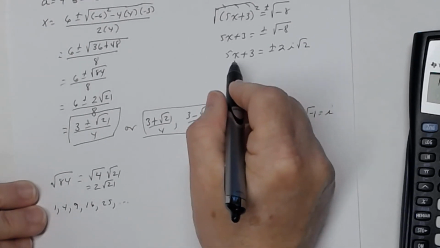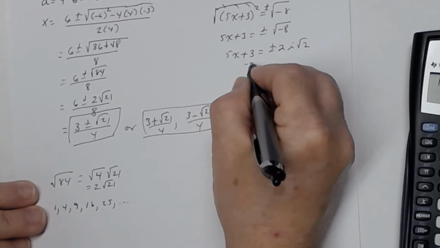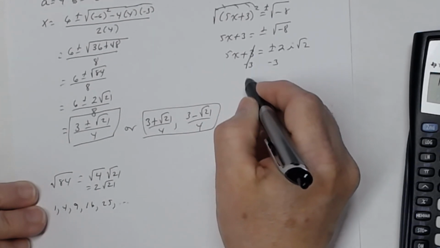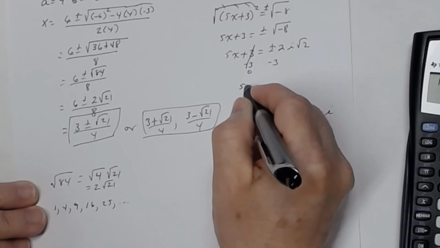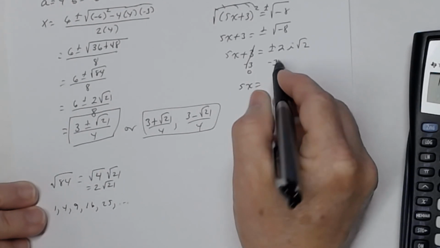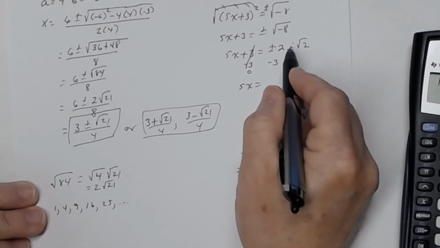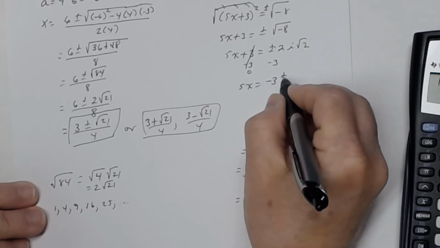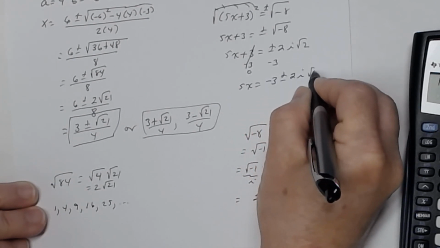And then all you do is just subtract 3 from both sides, get x by itself, combine like terms, positive 3 and negative 3 is 0. So I get 5x equal, now be careful, these are not like terms, so you have to write it like this, negative 3 plus or minus 2i square root of 2.